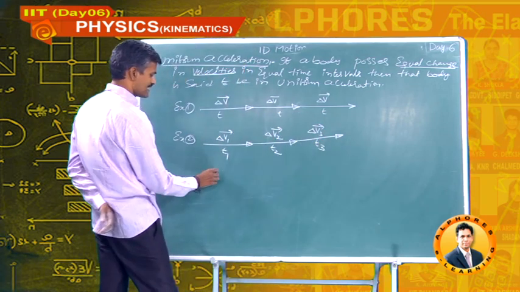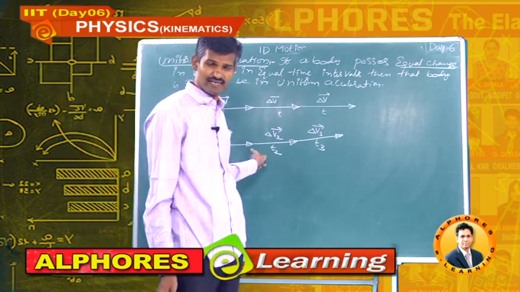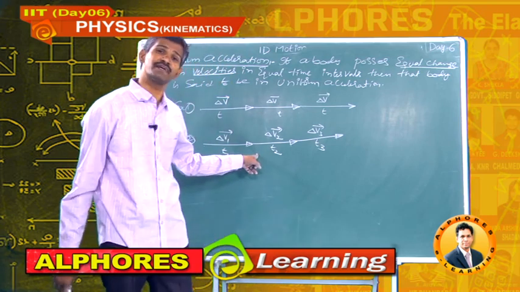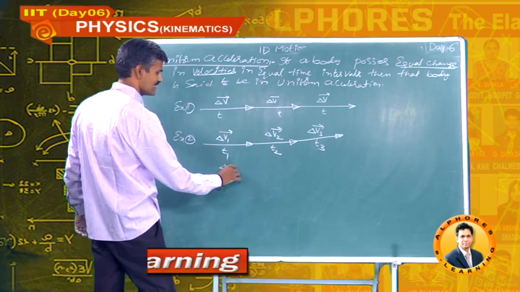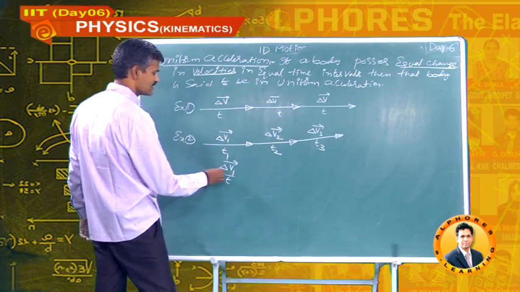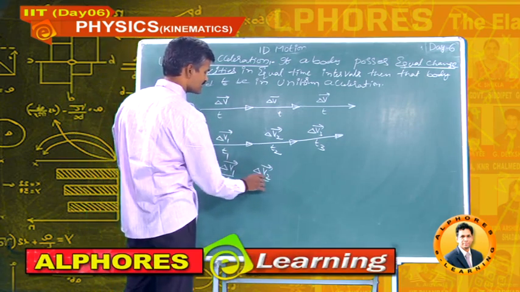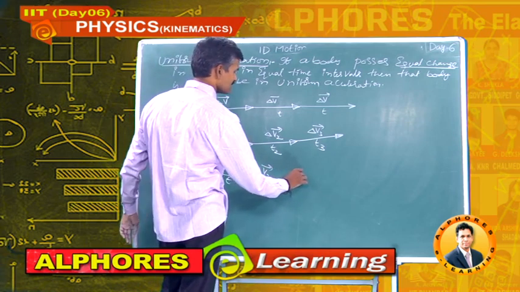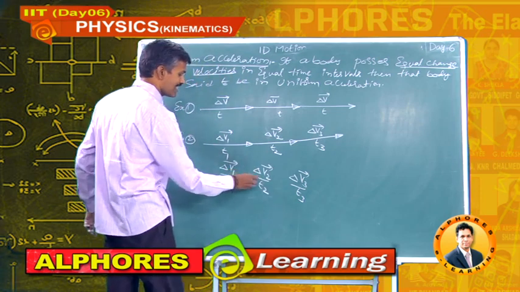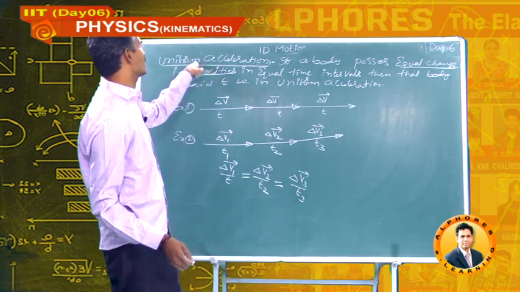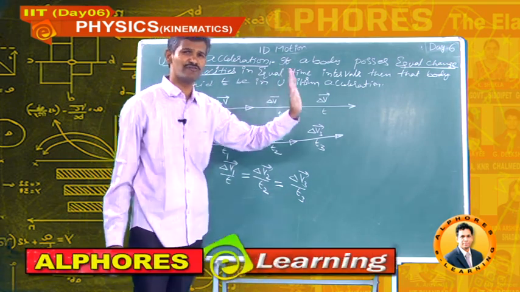If this body is moving with uniform acceleration, then how to write that acceleration? Delta v1 bar by t1 gives one value, delta v2 bar by t2 gives another value, and delta v3 bar by t3 gives another value. If these three values are equal, then only the body is said to be in uniform acceleration. If they are different, then the body is not in uniform acceleration.